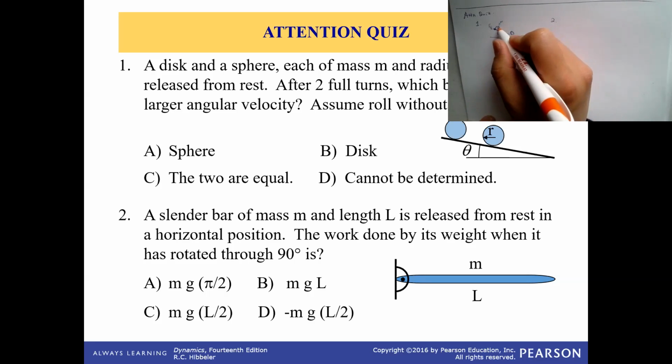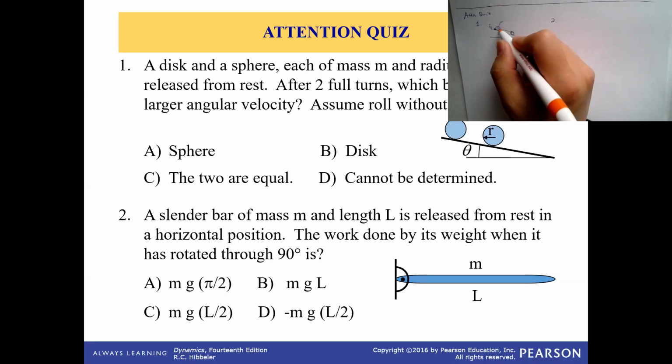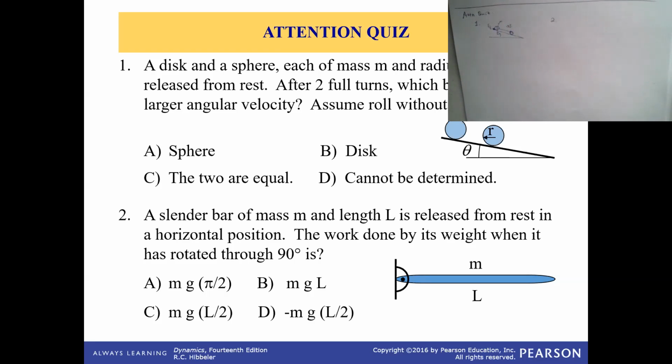So for two full turns, if the radii are the same, then the distance will be the same. So delta S will be the same. We can think about work done then will be only by the weight, mg delta S, times the cosine of the angle theta.